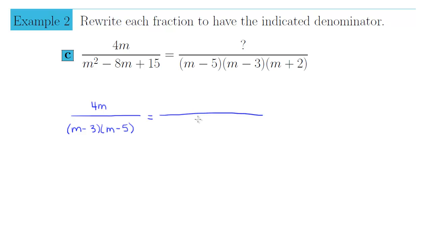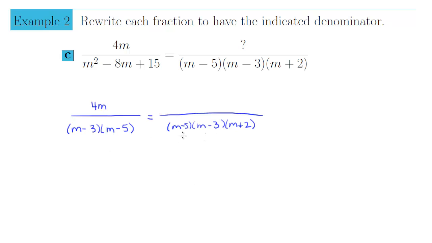And the rational expression on this side, we're trying to figure out what goes on top. On the bottom, we have m minus 5 times m minus 3 times m plus 2. Since we factored out the left rational expression denominator, it's obvious what is missing to get to the right rational expression denominator.